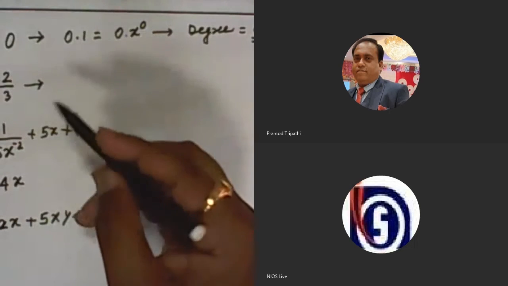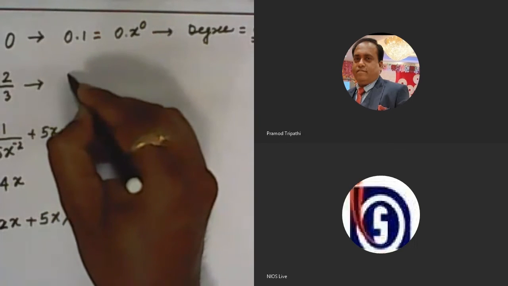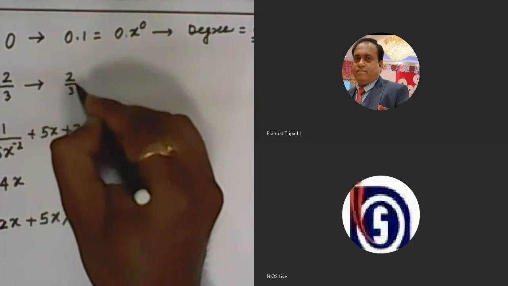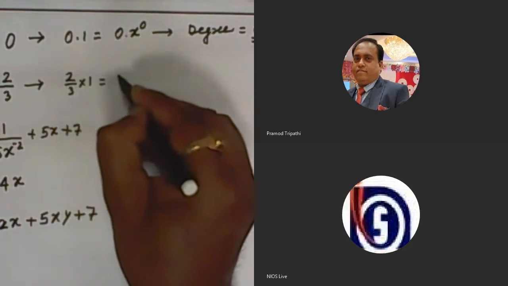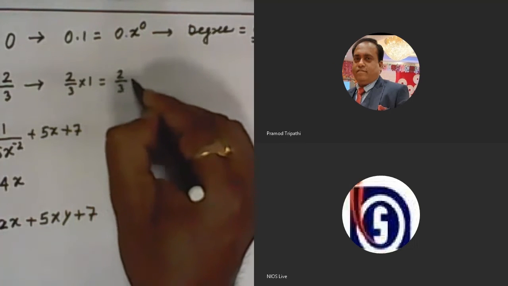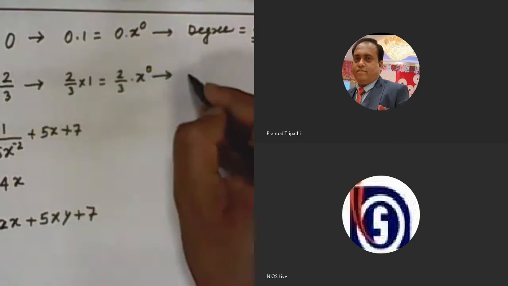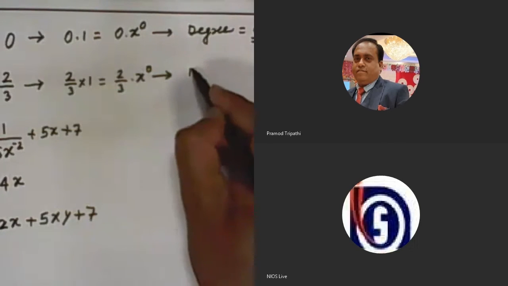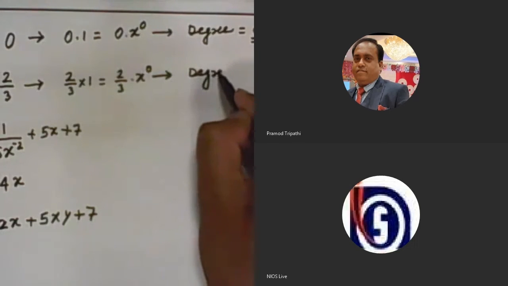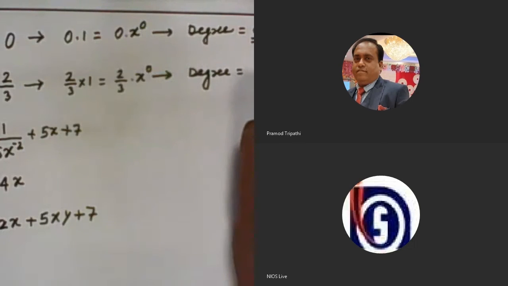Second one, 2 upon 3 into 1, this is 2 upon 3 into x raised to the power 0, and the degree is 0.